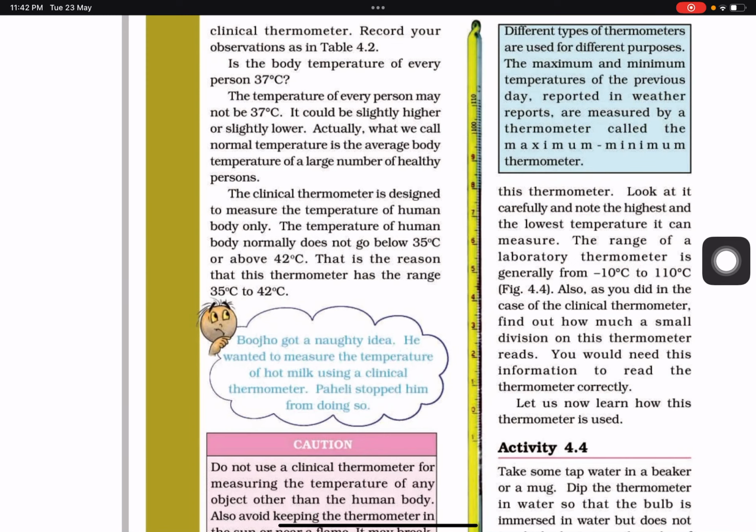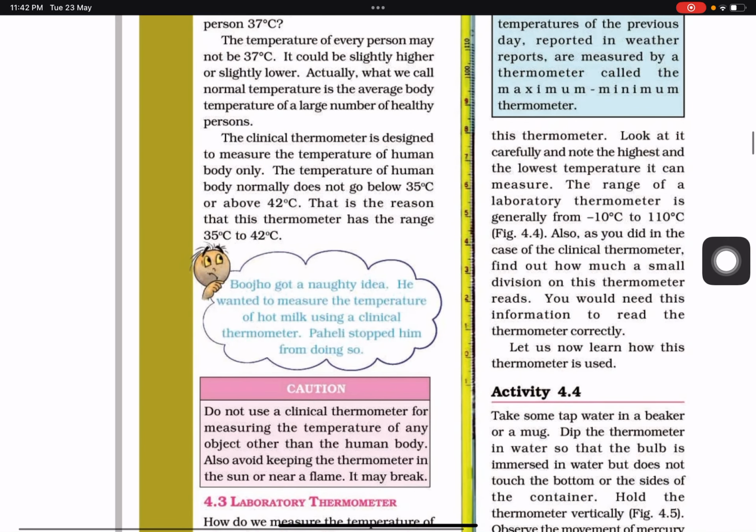the thermometers used for weather, for calculating weather, are known as maximum and minimum thermometers. Okay, for measuring things other than humans, there is a laboratory thermometer that can test all things other than humans.